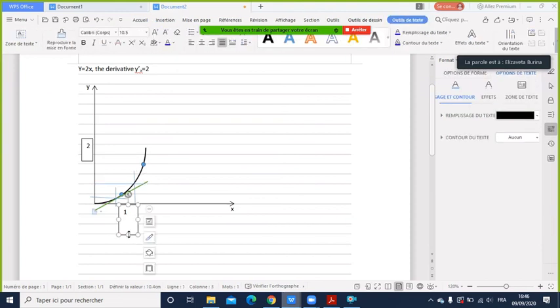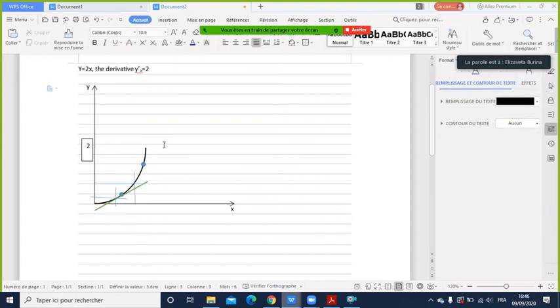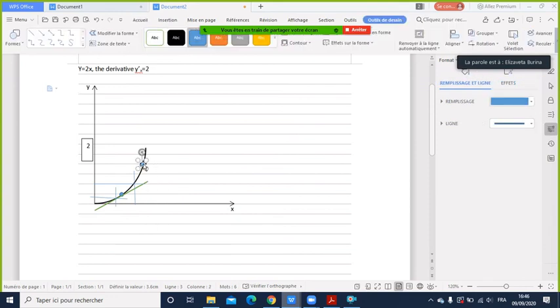Let's get rid of this. I was somewhere here. Wait, sorry, not this one, the dot one.